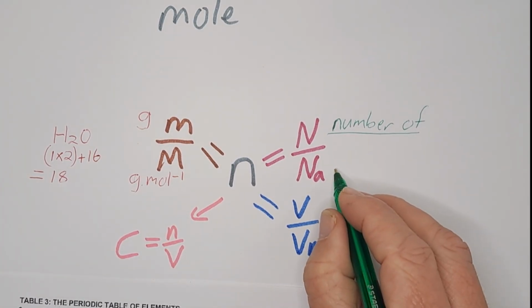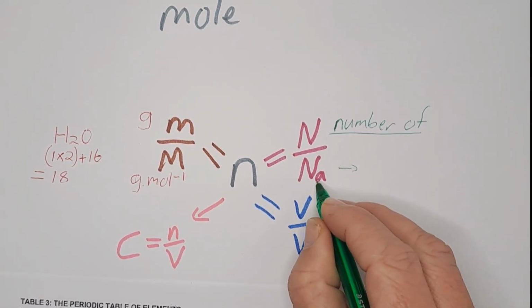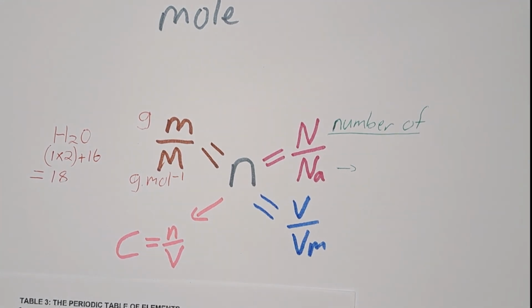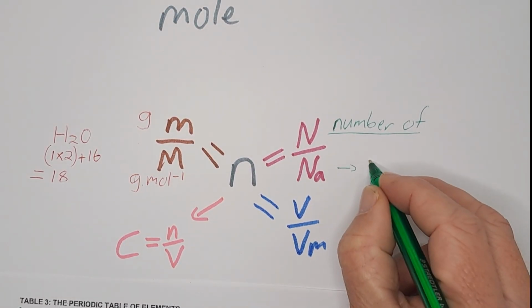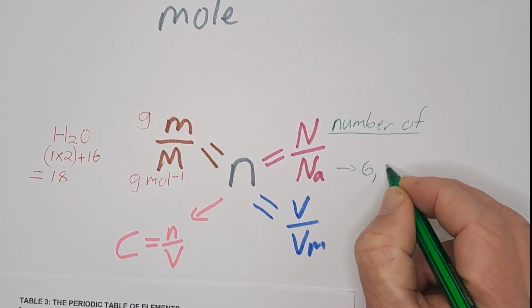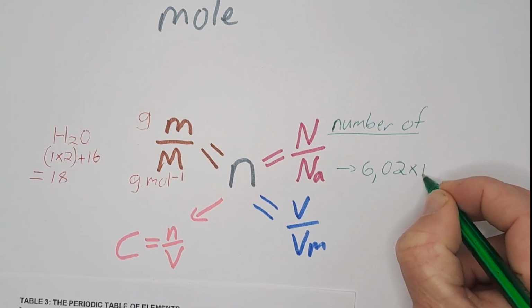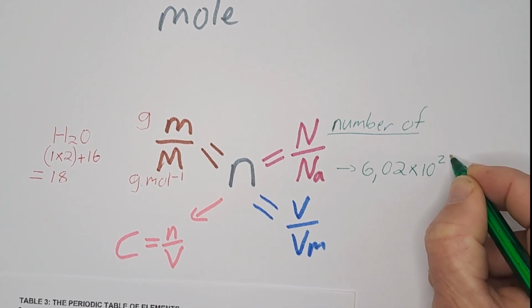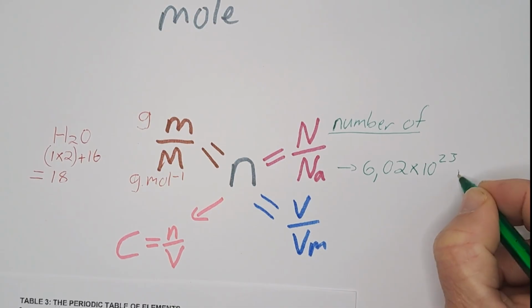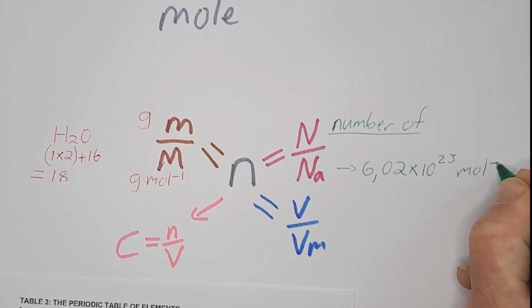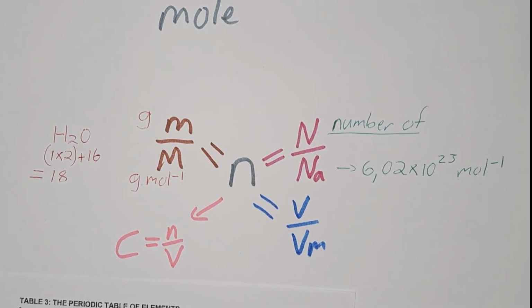And then that's going to be divided by a constant, as you're going to get it on your formula sheet, the constant of Avogadro's number. And that number on the formula sheet is going to be 6,02 multiply 10 to the power 23 mole, and remember the negative 1.